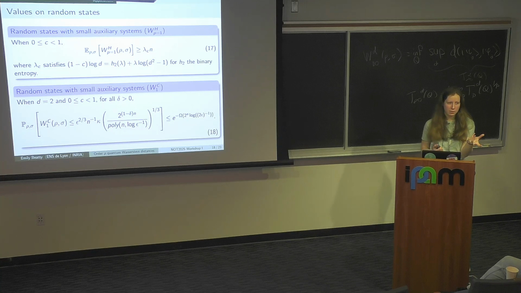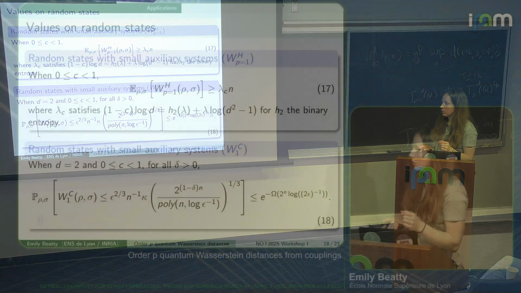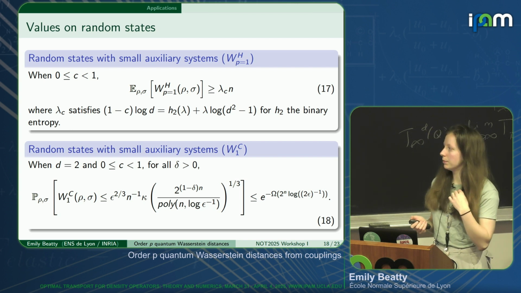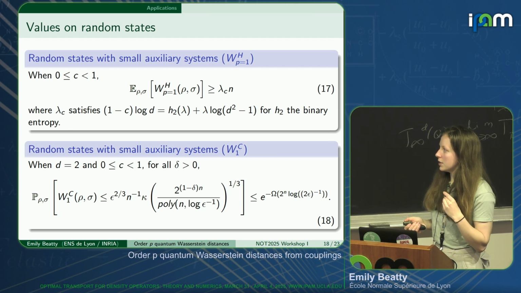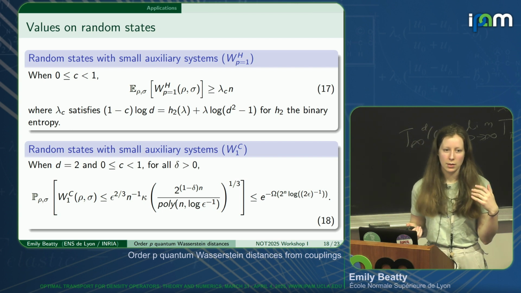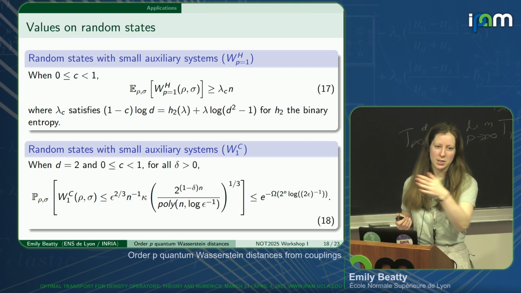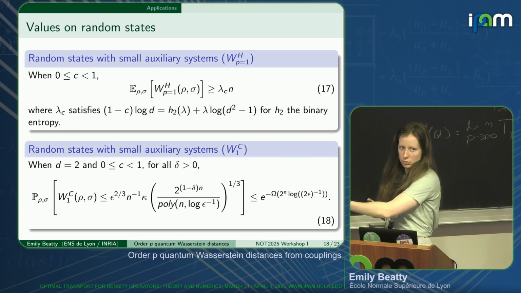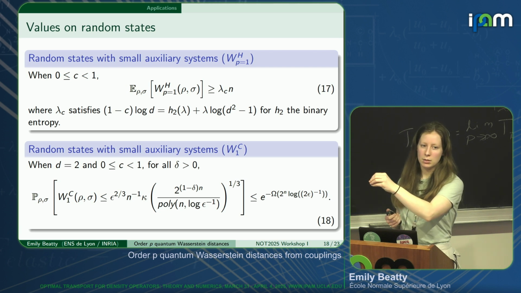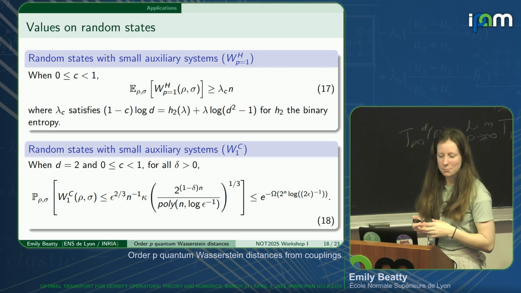And if you take C to be 0, you're just doing the Haar measure on pure states, and you interpolate between the two. So for C less than 1, none of the states rho or sigma are going to be full rank. At C equal to exactly 1, they're going to be full rank almost surely, and it interpolates between pure and converging on the maximally mixed state.